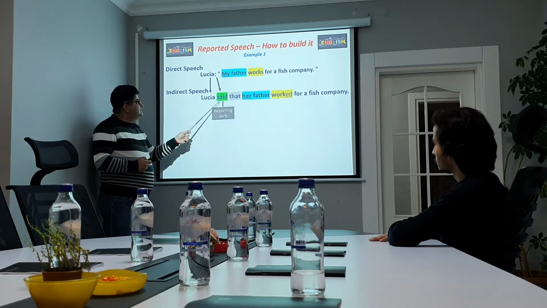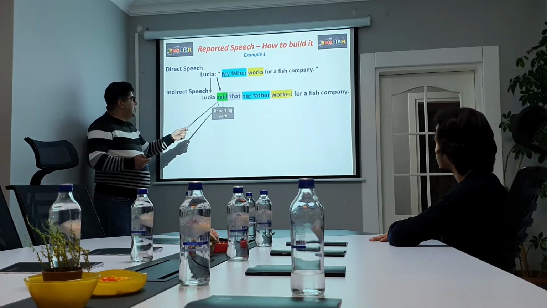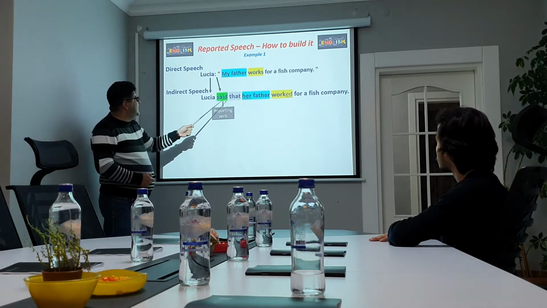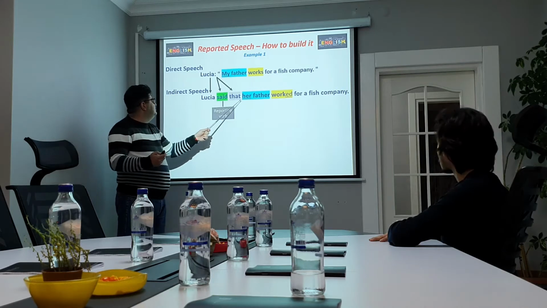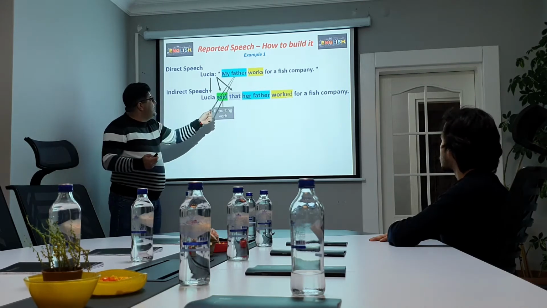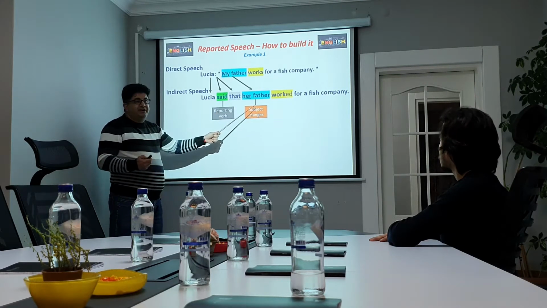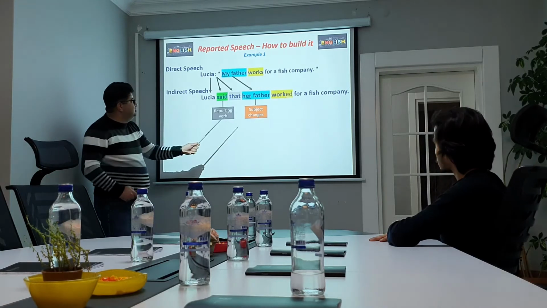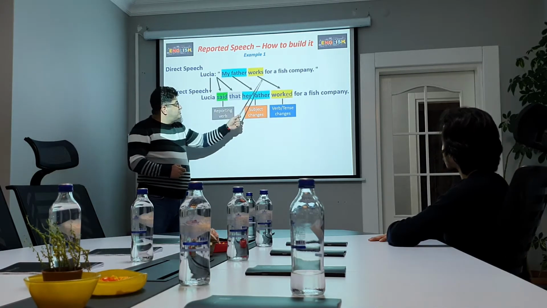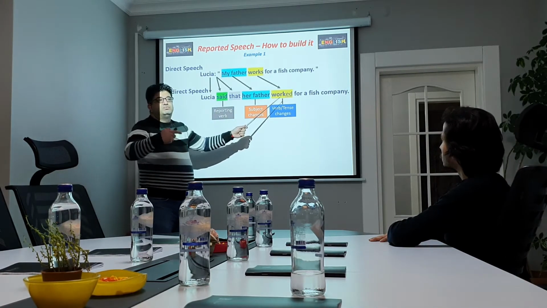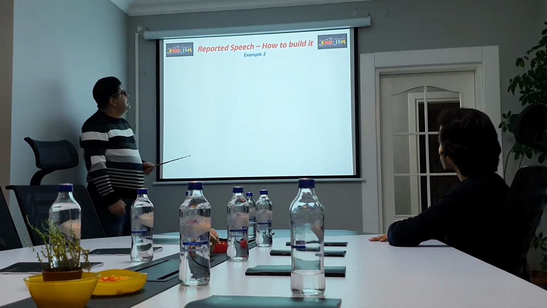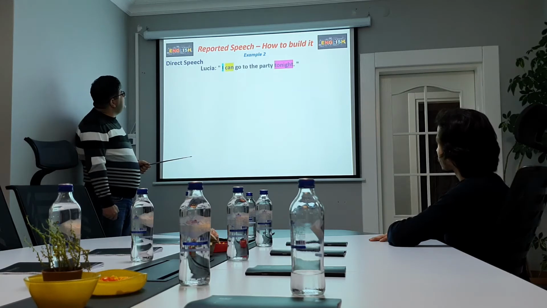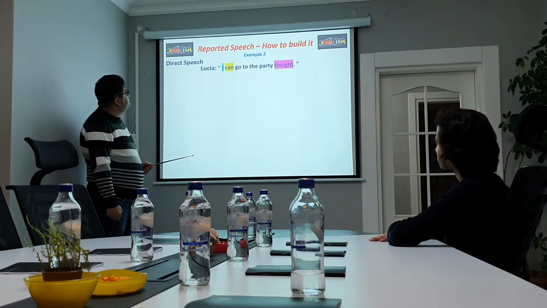Lucia said, that's an important word, and one past word of say. That is optional. You can say or you might not say. My father becomes her father. Here the subject changes. Works becomes one past, worked. Therefore the tense changes.